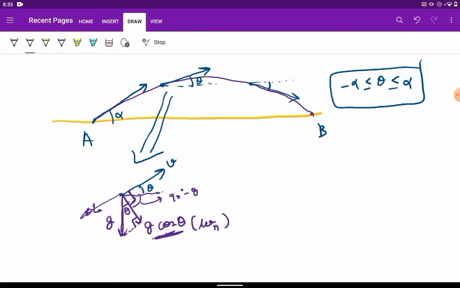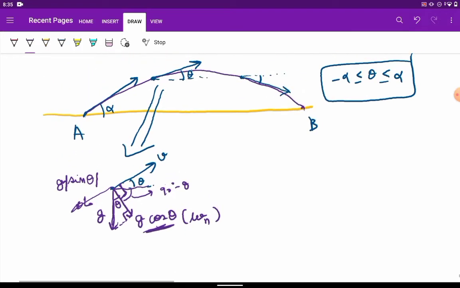So in this case it is g sine theta, right? But sine theta for negative angles is negative, so I would put a mod, g of mod of sine theta, okay? That is your magnitude of the tangential component, modulus of the tangential component.